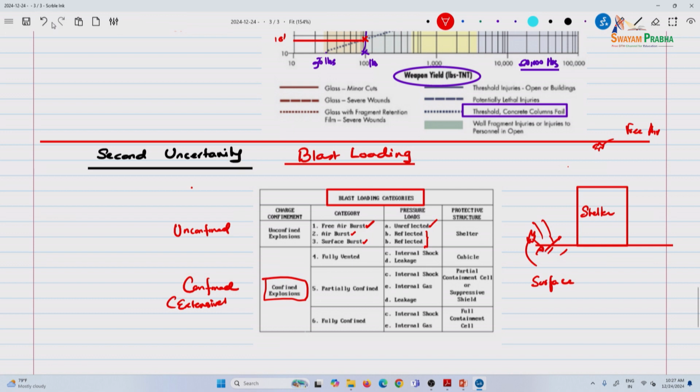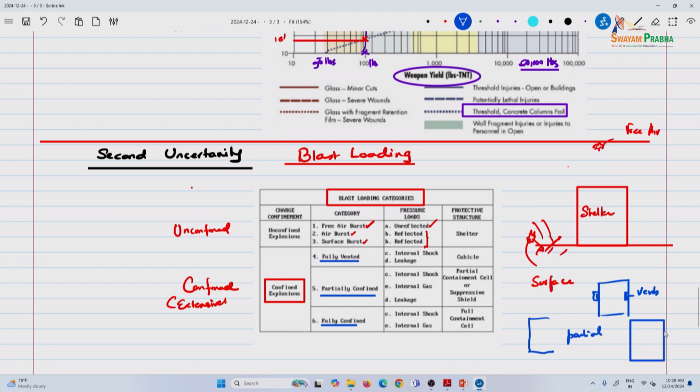If you see confined explosions, there are a variety of categories. So, you have fully vented, partially confined and fully confined. Fully vented is where you are going to have openings here. So, these are the vents, and partially confined is if you have a structure like this, which is partial confinement, and fully confined is a structure like this.